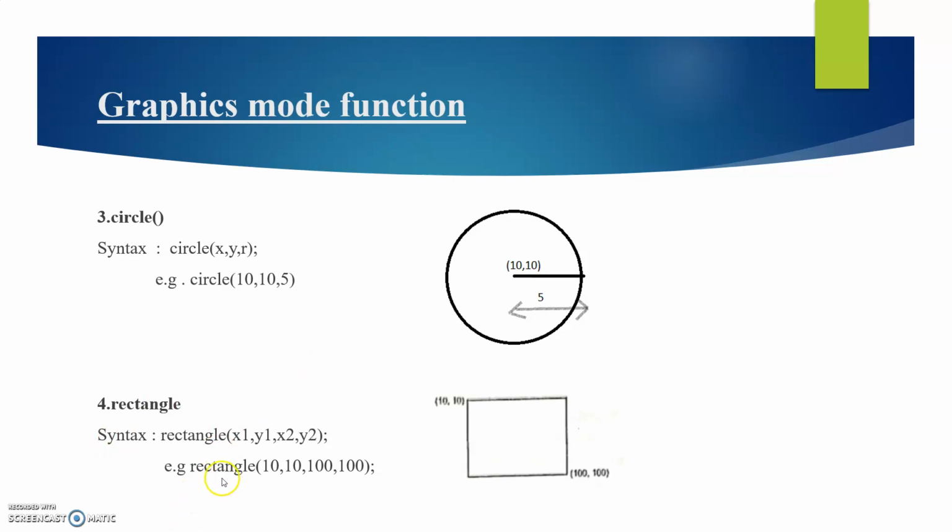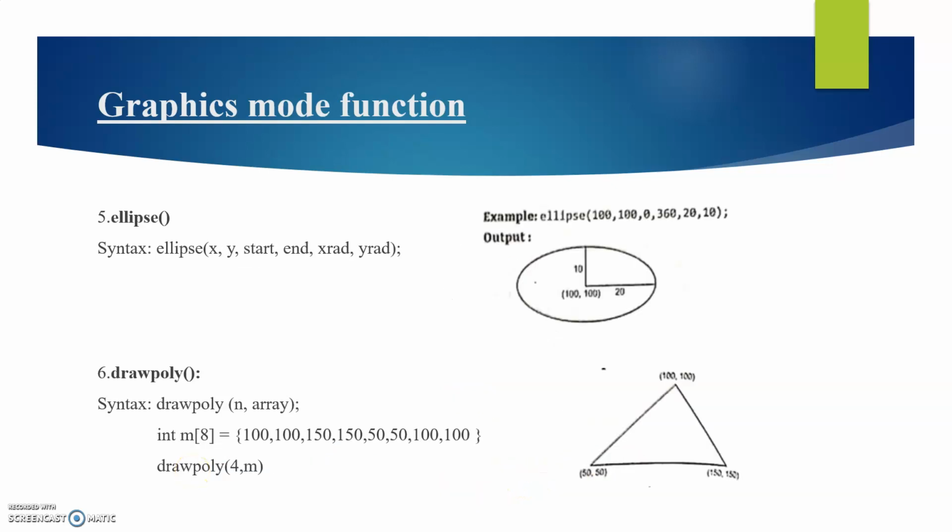For example, rectangle(10, 10, 100, 100), where 10, 10 is this point, and 100, 100 is this point.